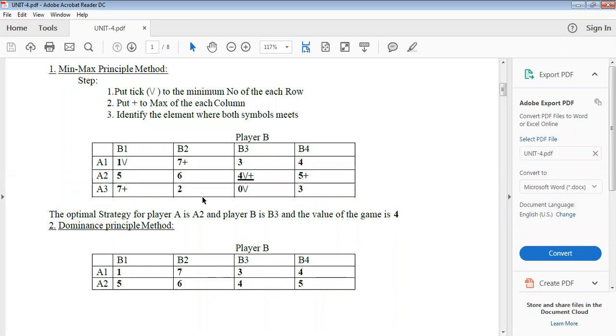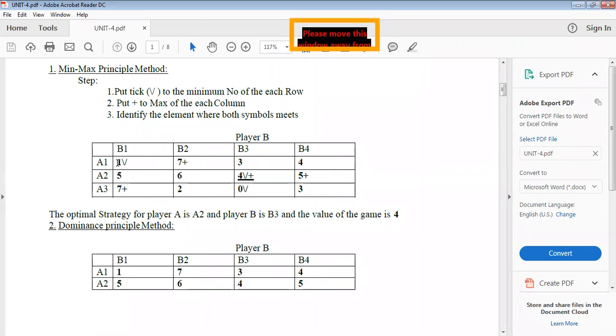One has to identify the minimax and maximin principle. So it is nothing but row minimum and column maximum. Mini means row minimum; maximum is column maximum. So in the columns, this is the maximum, and in this column, 4 is the maximum, and in the last column, 5 is the maximum.